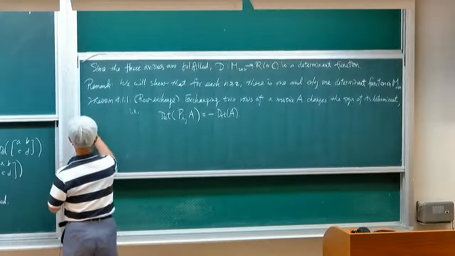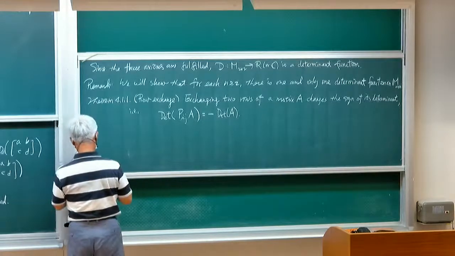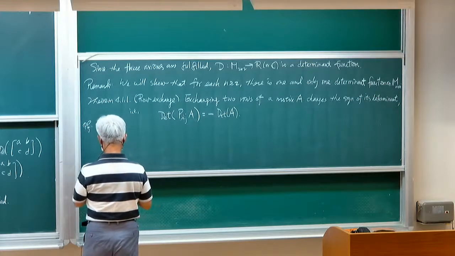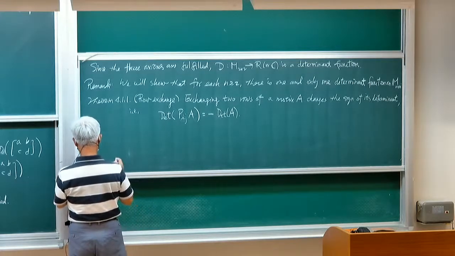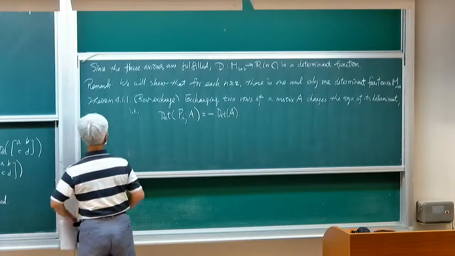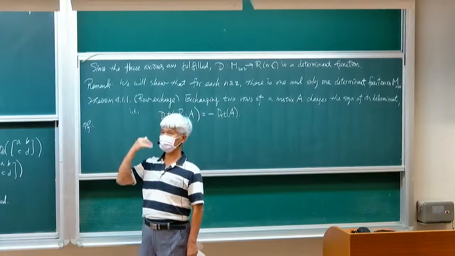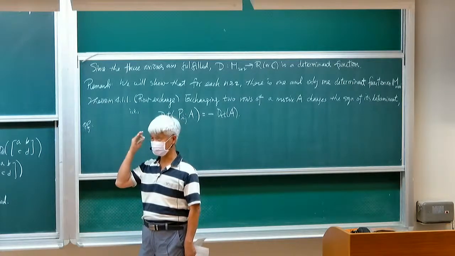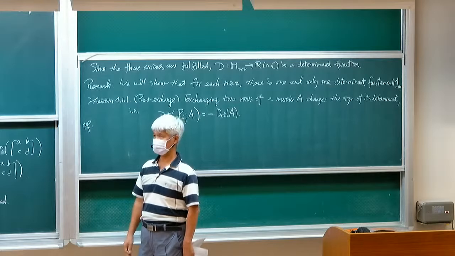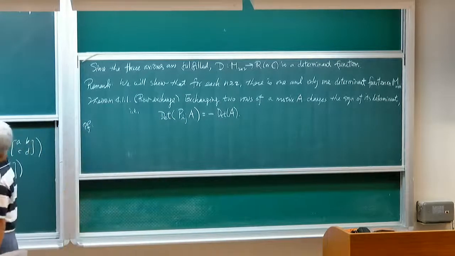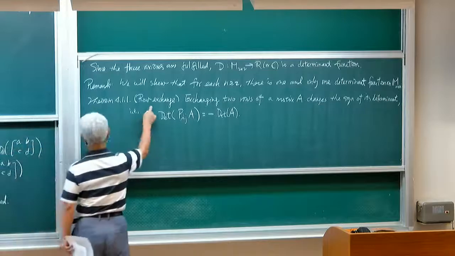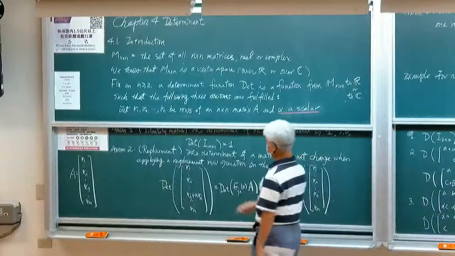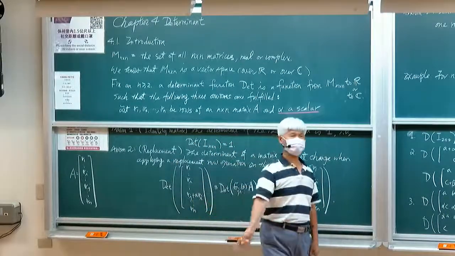Okay, and the proof is that you may recall an exercise in chapter 1 that row exchange can be implemented by a sequence of replacement operations as well as the scaling operation.